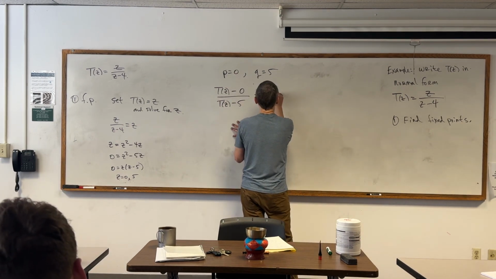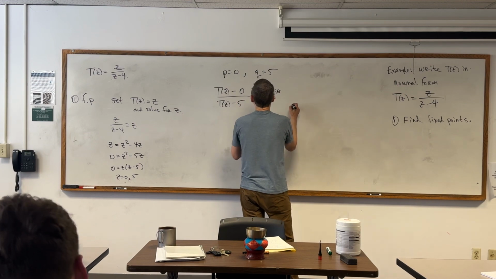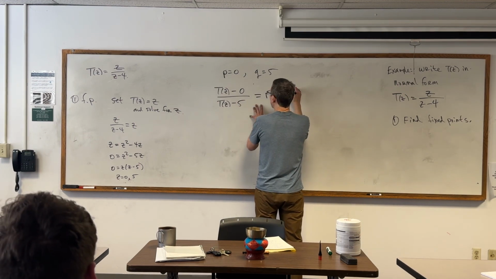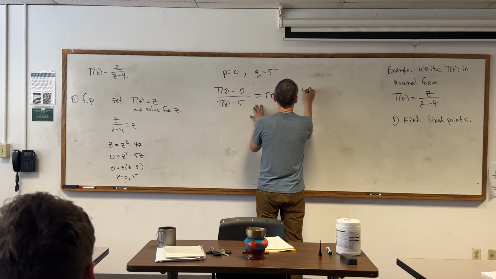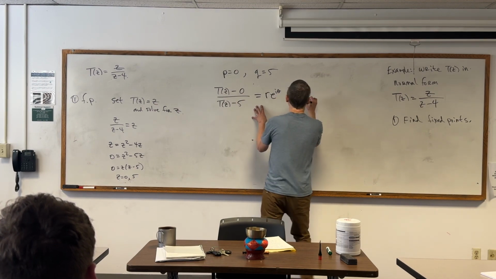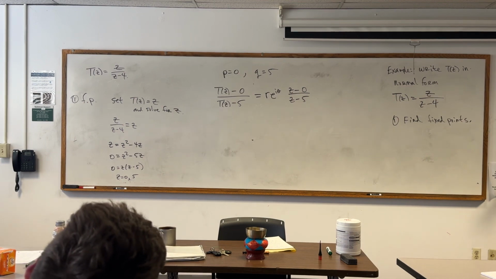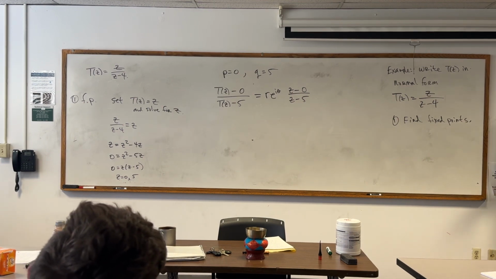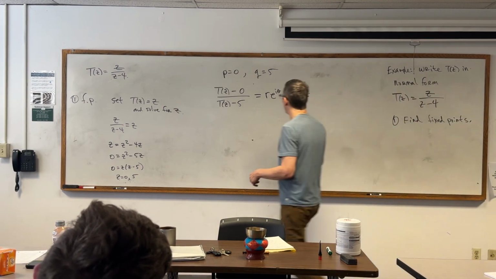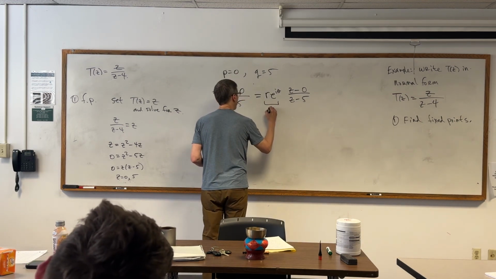And then here we have re to the i theta. And then here we're gonna have z minus 0 over z minus 5. All that's left to do is find this.